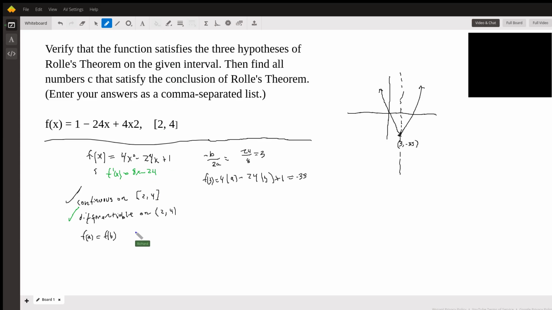So f of a, f of 2, when you plug that in, it's going to be 4 times 4 minus 24 times 2 plus 1. That's negative 31.